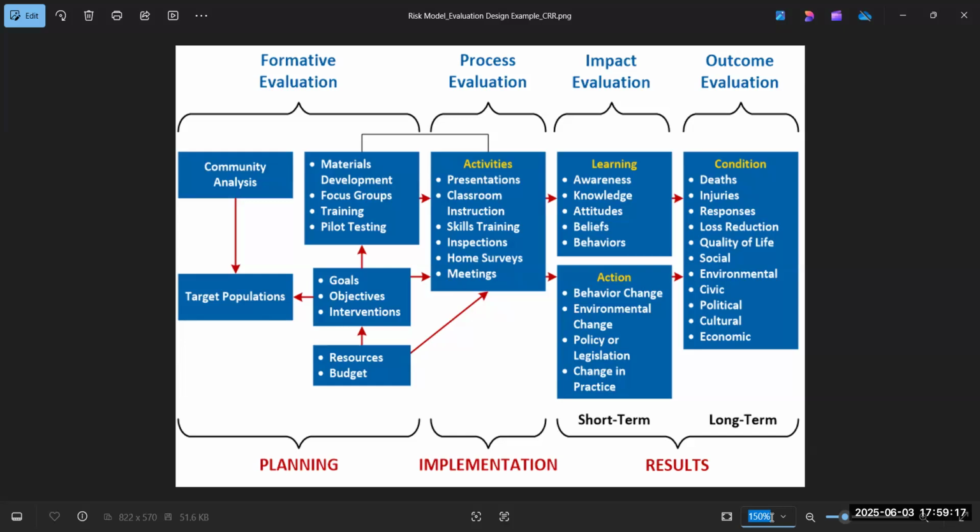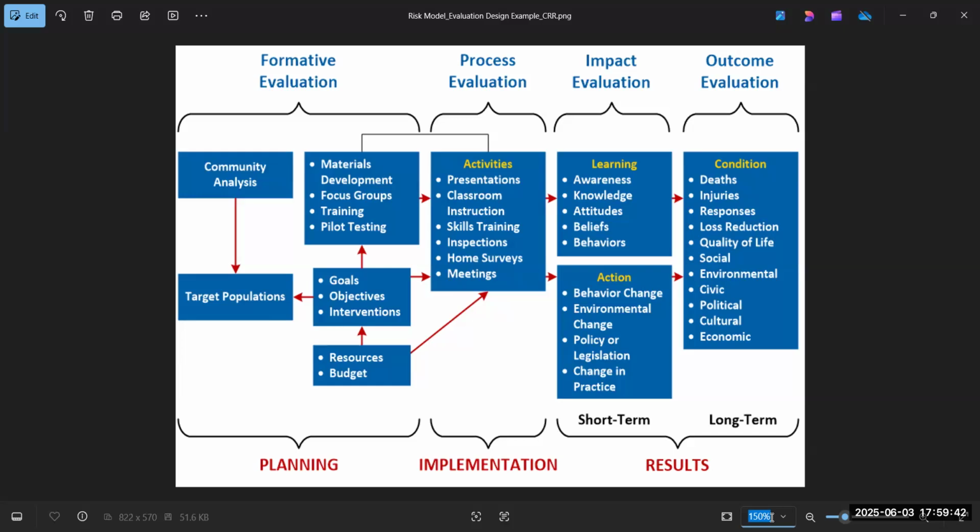The impact stage can also entail short-term analysis that can be used to measure results. When you get to the outcome component, you're looking at changes or reduction in loss data, whether you're talking about morbidity or mortality data. This can also be other correlates such as property loss, and for example, injury data, or number of responses.